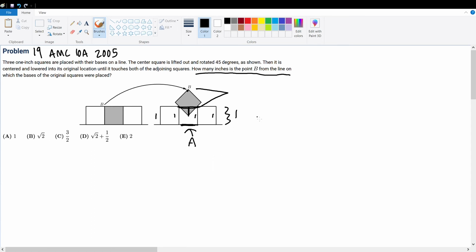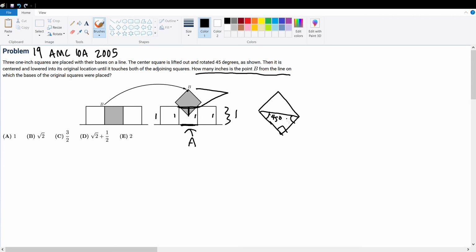Well, first, we know that this square was rotated 45 degrees. So this square that's rotated will have a 45, 45, 90 triangle, because the square was rotated 45 degrees, resulting in this angle being 45 degrees. Now, this is not a perfect model, but this is trying to convey the sense that it's a 45, 45, 90 triangle.